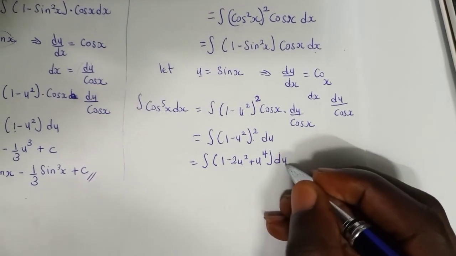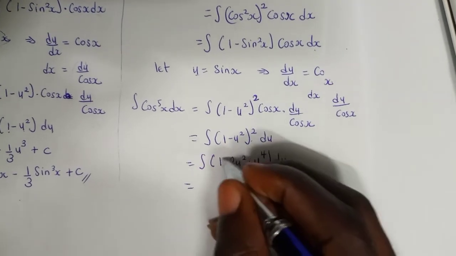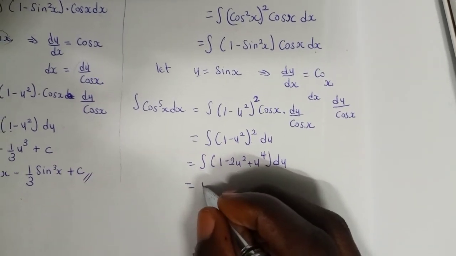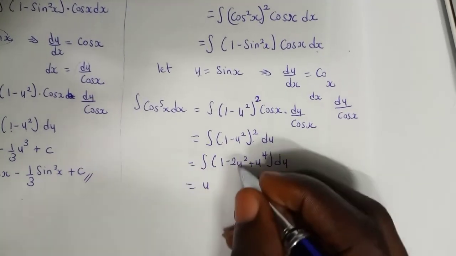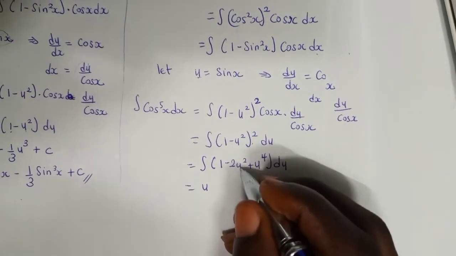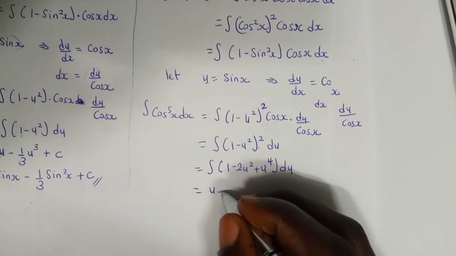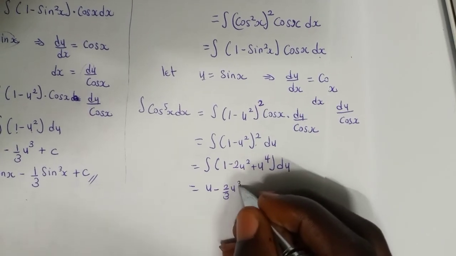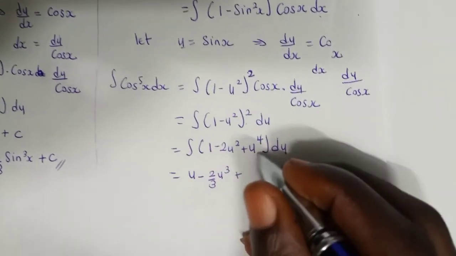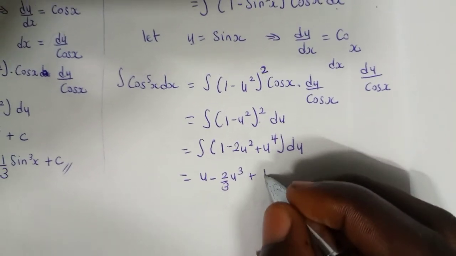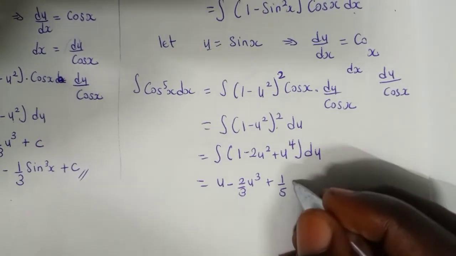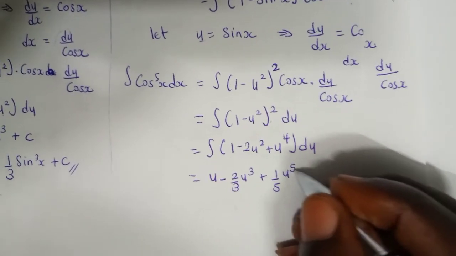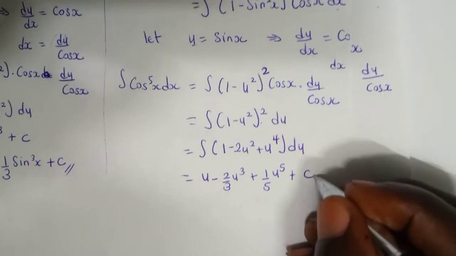Okay. So the integral of 1, we are going to get u. The integral of negative 2u squared, we are going to get negative 2 out of 3 u cube, plus the integral of u exponent 4, we are going to get 1 out of 5 u exponent 5, plus c.